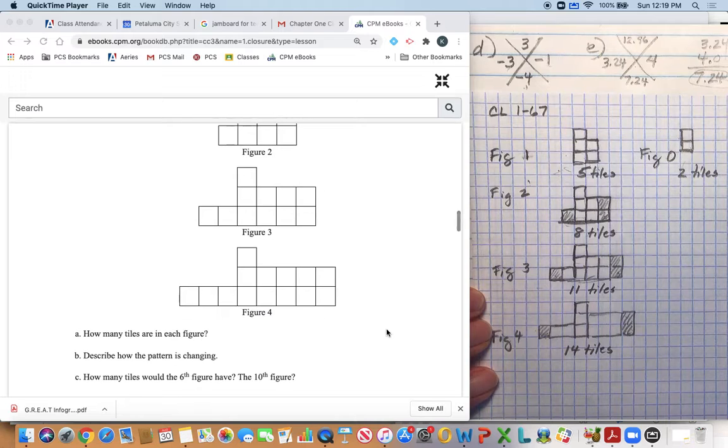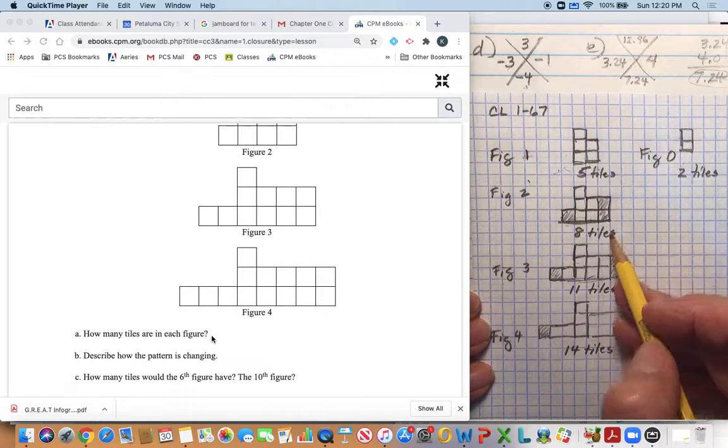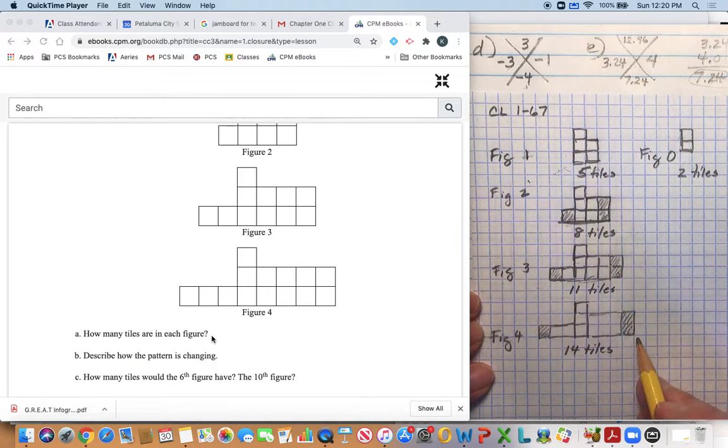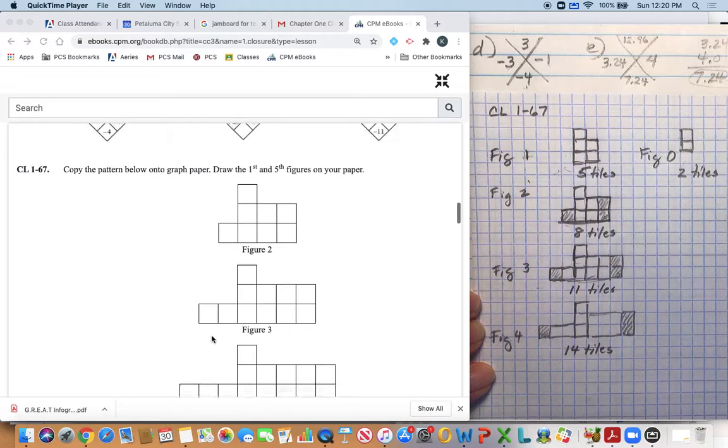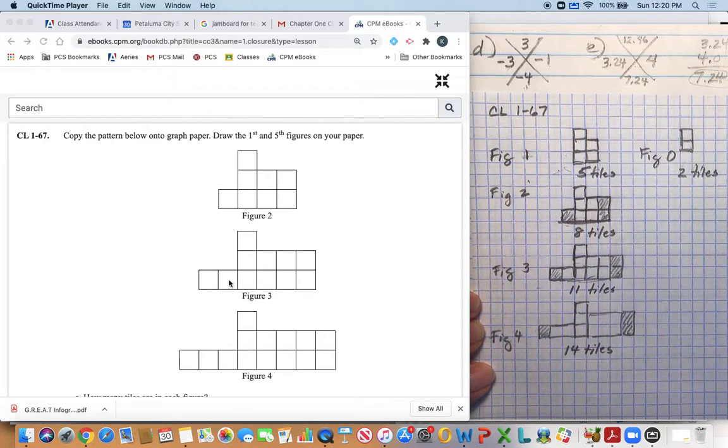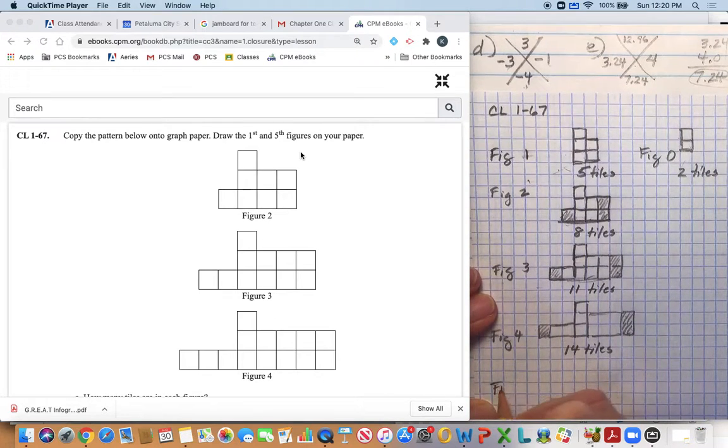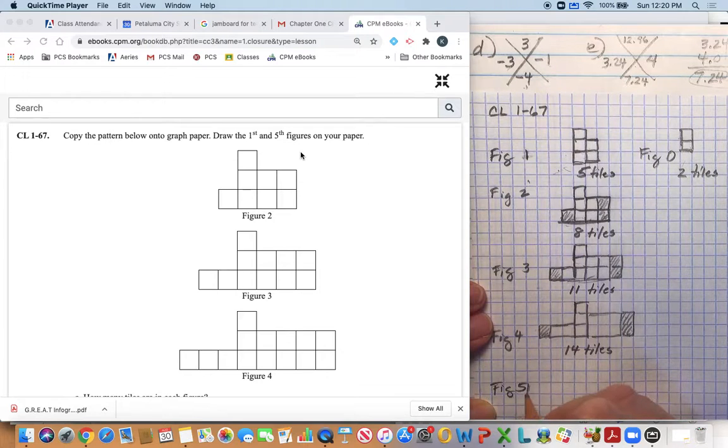Okay, so then let's look at these questions. How many tiles are in each figure? I actually wrote how many tiles were in each figure. And I was supposed to figure out what the 5th figure is, so I'll just do that right now. So that is figure 5.